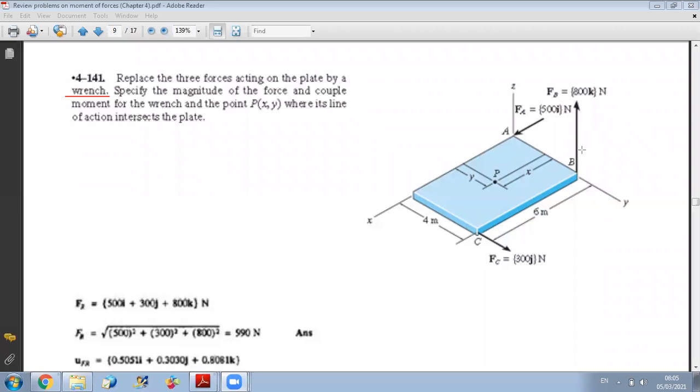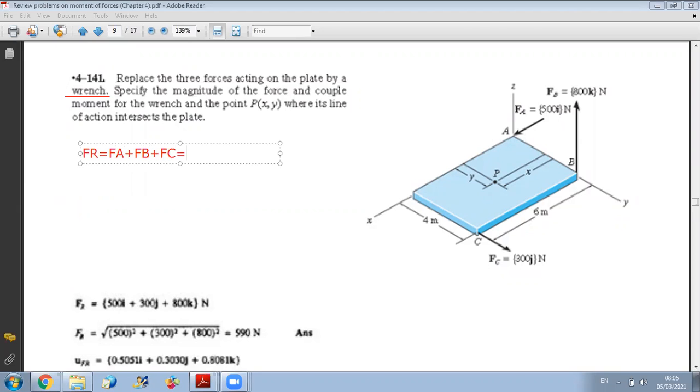Why? Because you know that the resultant force is the summation of forces. So F resultant is equal to FA plus FB plus FC.